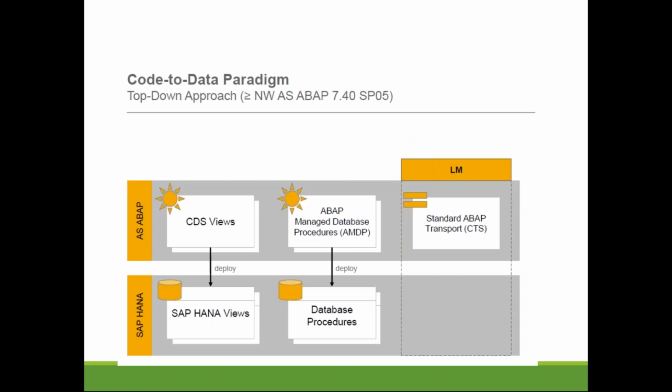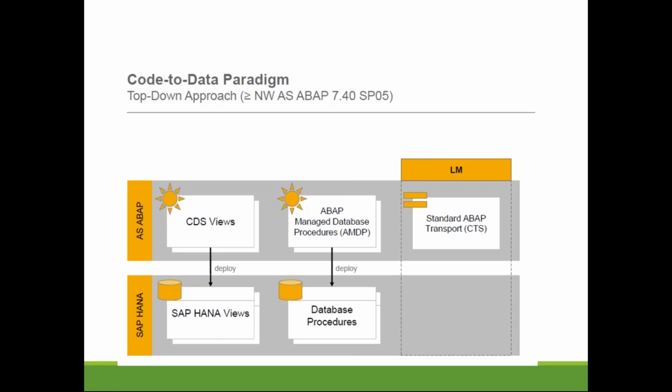Now AMDP is allowed to be created and executed directly in ABAP. If you are talking about CDS or AMDP, previously in standalone HANA or BW on HANA, we used to create SAP HANA views and database procedure proxies.